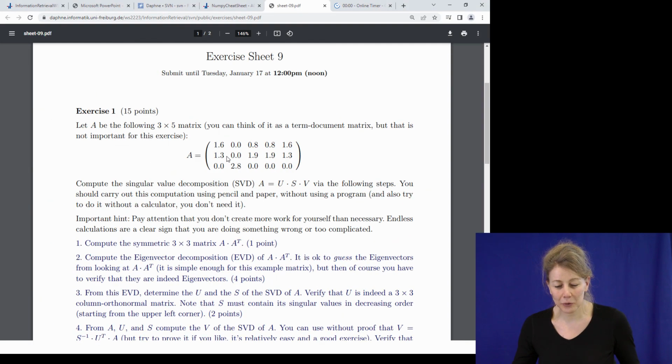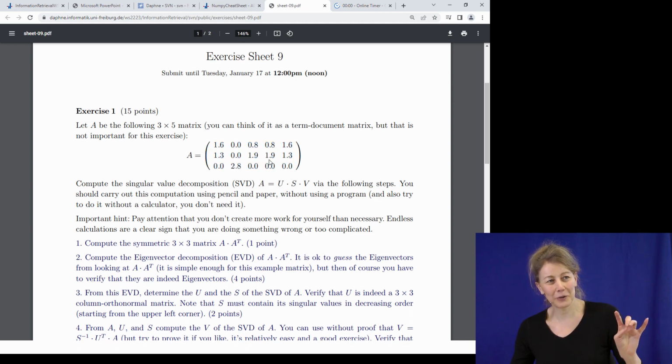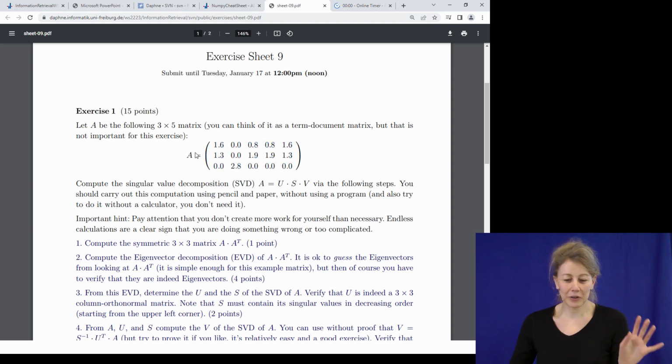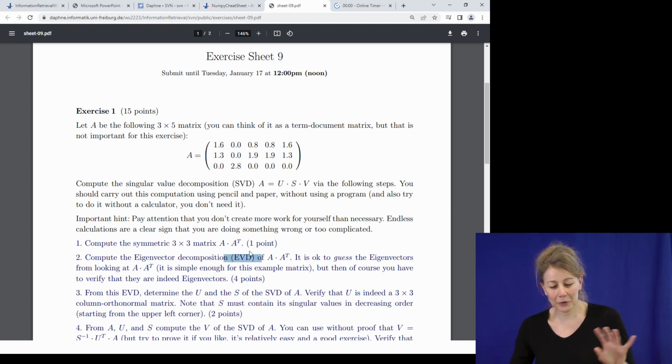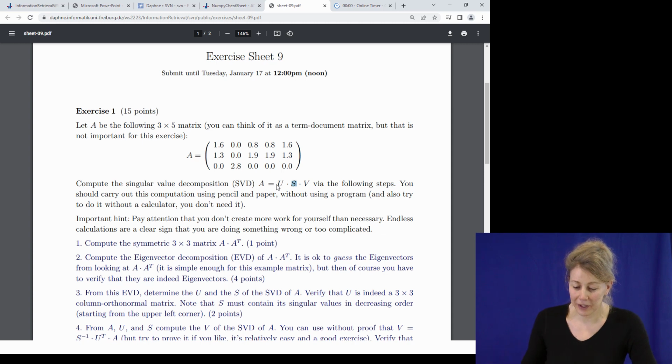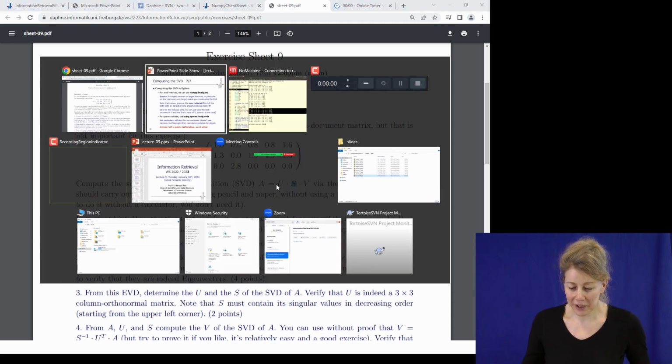What you actually do is you take this particular matrix and you compute the singular value decomposition for this one, which means you compute A times A transpose, then you compute the eigenvalues and so on, and then you also check: are these really pairwise orthogonal columns? Are these really pairwise orthogonal rows? Is this a diagonal matrix? And I think it's a great way to learn it.